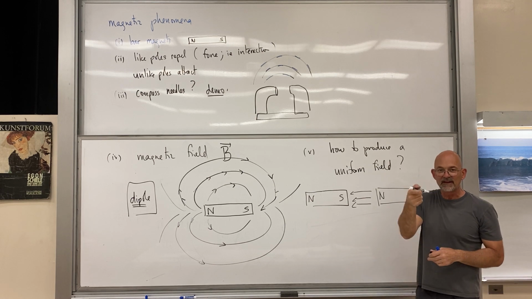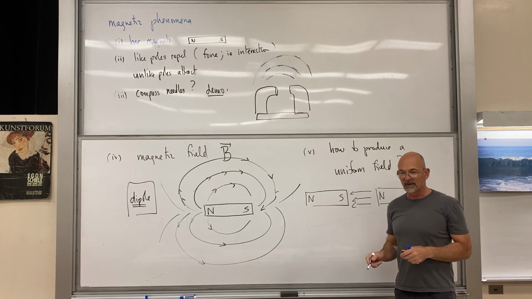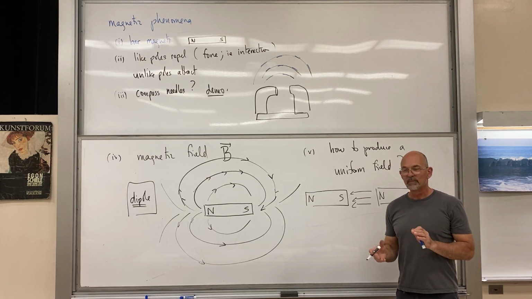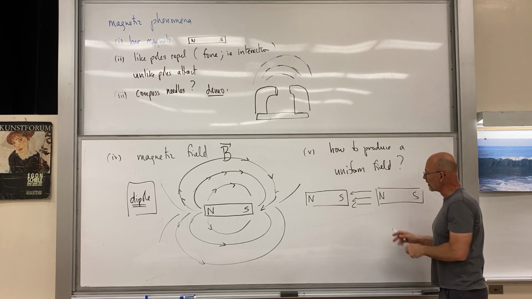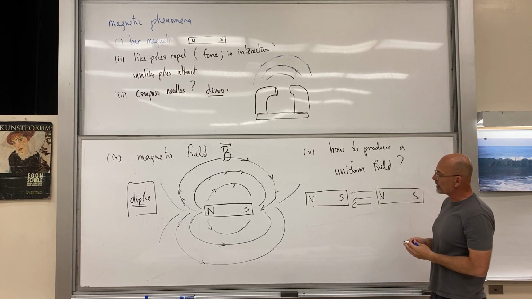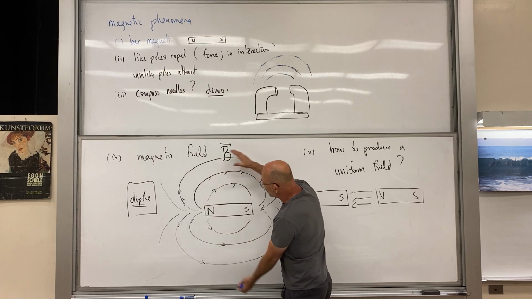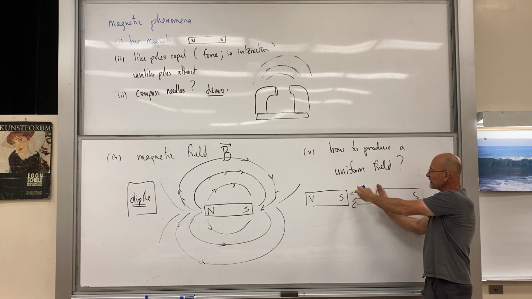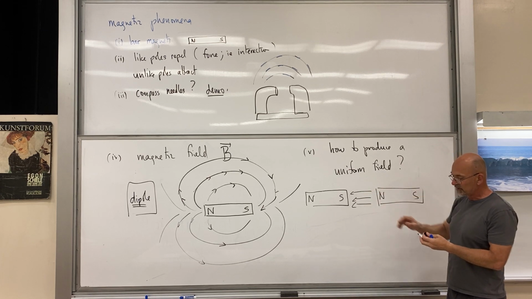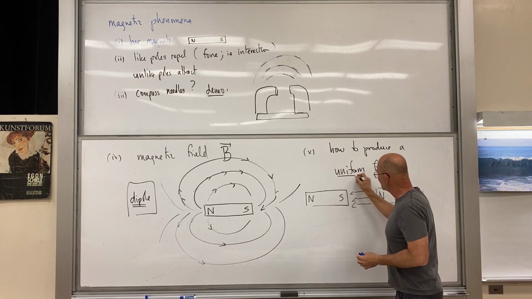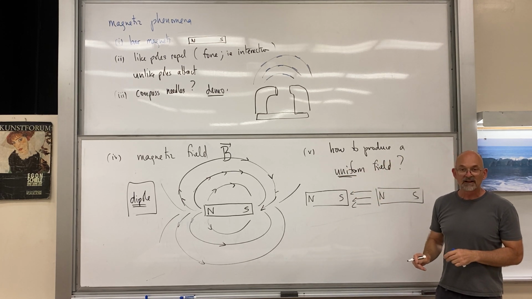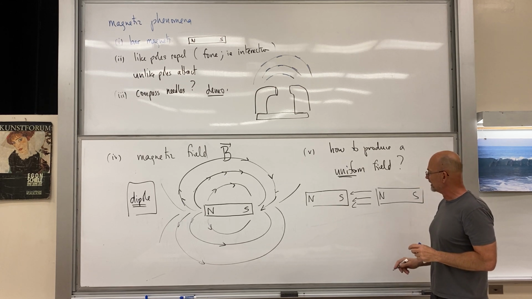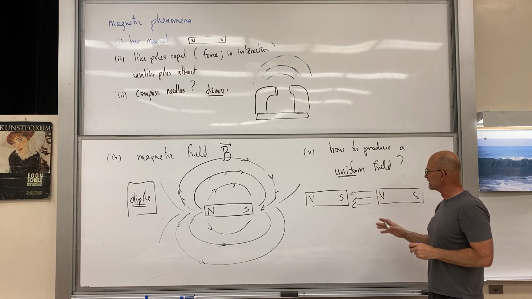And that's exactly what that device does that I showed you there. You can get a very powerful field between those two poles, the north and south. So even though these things are complicated and curved, if you put these north and south poles close enough together, you're going to have a uniform field. And a uniform field is to say a constant field, and we like constant fields. We can work with them. Okay, we can do a lot with a constant field, with a uniform field.